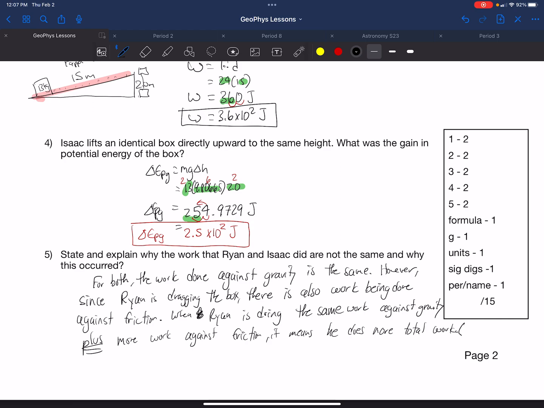And we could put a number in here, 360 versus 250 joules. And we could say the work against gravity is the same as 250 joules.